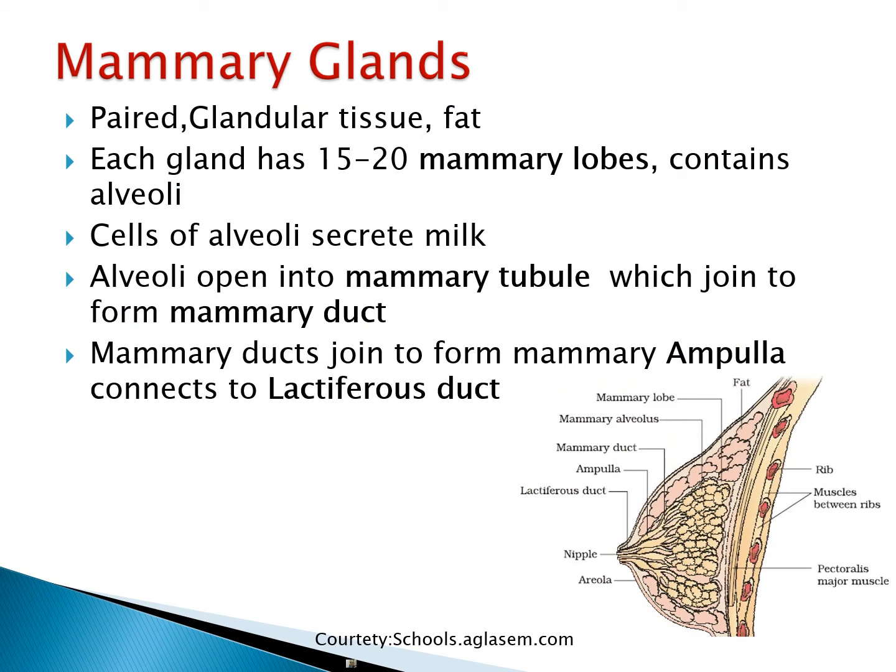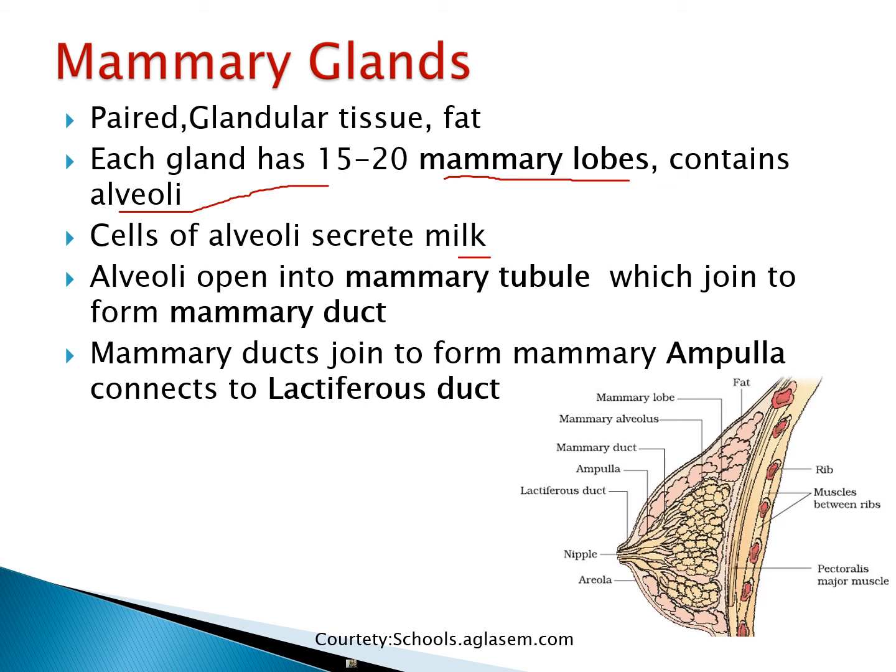Mammary glands are also present in the female reproductive system. These are paired and glandular structures. Each gland has further lobes, and there are 15 to 20 lobes. Lobes further contain sac-like structures which are called alveoli. The main role of the alveoli is to secrete milk.